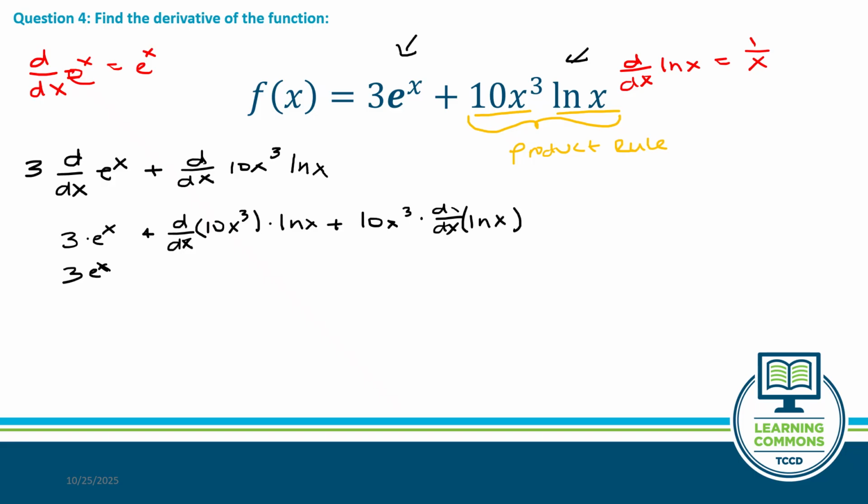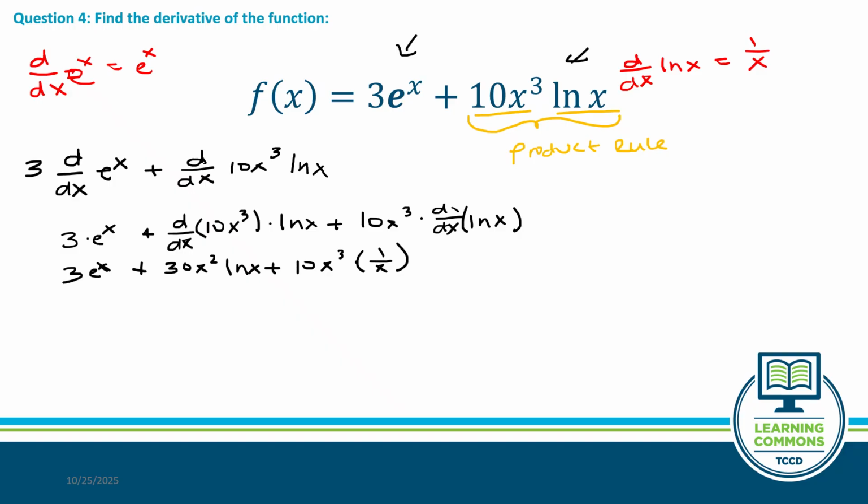That's your product rule. We're just going to go ahead and go through it. So, bring down that 3. It's going to be 30x squared ln x plus 10x cubed times 1 over x.